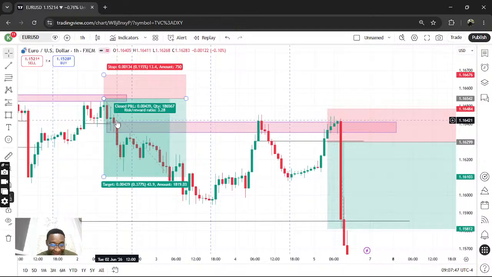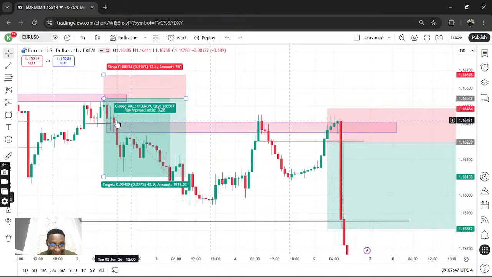You don't need to think much about it. And that is exactly what I did. Now, notice what happened. When the market returned on Thursday, market returned here. Look at this. You see this tweezer candle pattern that was formed here.